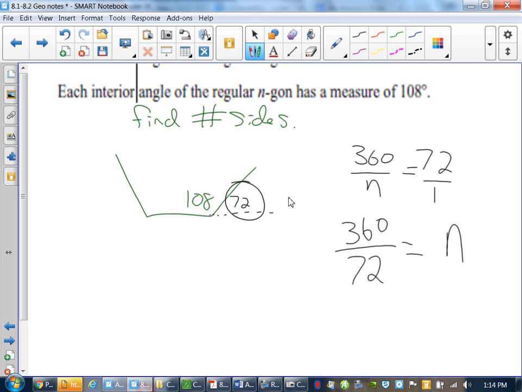In a regular polygon, 360 degrees divided by the measure of the outside angle equals number of sides. This is a nice little shortcut to remember.